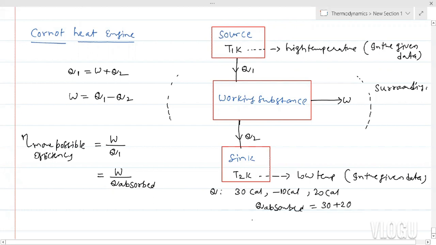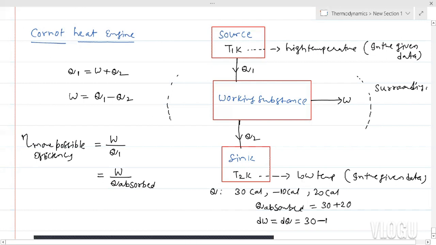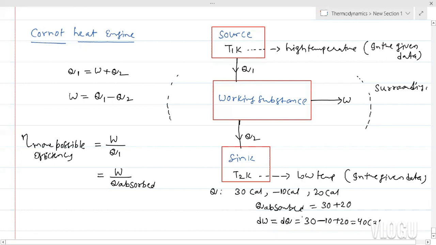Generally we deal with a cyclic process, so for a cyclic process dU equals 0, therefore dW equals dQ. Adding everything, 30 minus 10 plus 20, gives 40 calories. So it is better to always choose W by Q absorbed.